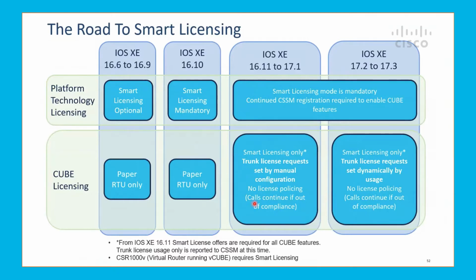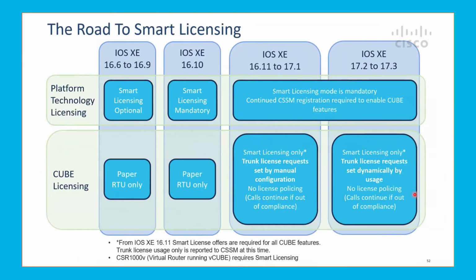Whatever number you put in the mode border element license capacity in this release, if that number is more than your entitled Cube trunk licenses deposited in your smart account, we will not be policing the session count. But continued CSSM registration is mandatory in iOS XE 16.11.